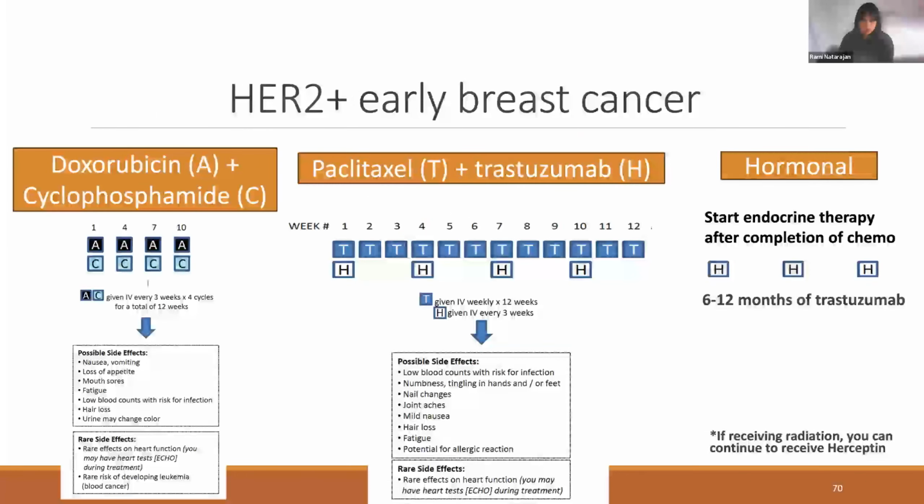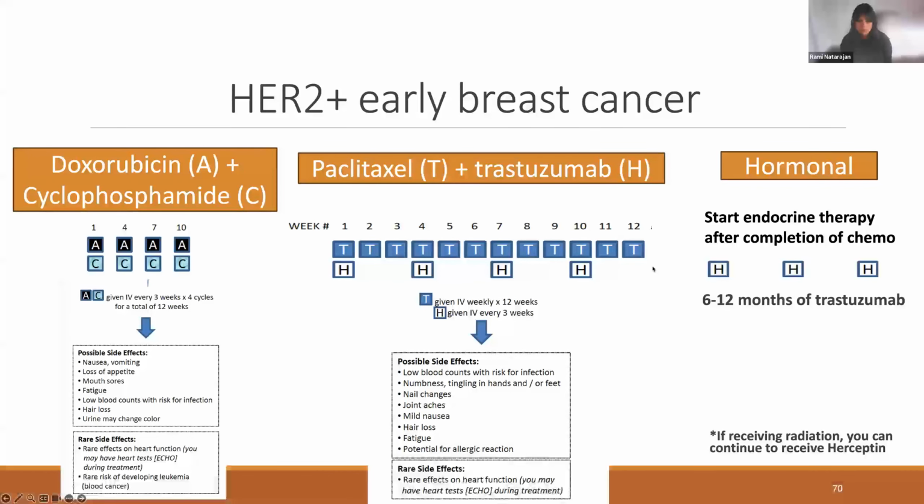And so this is just a reference in terms of the regimen, and sort of the sequencing of events. So, in high-risk patients, they'll get this full ACTH regimen with the taxane either being received weekly, and the Herceptin being administered weekly or every 3 weeks.